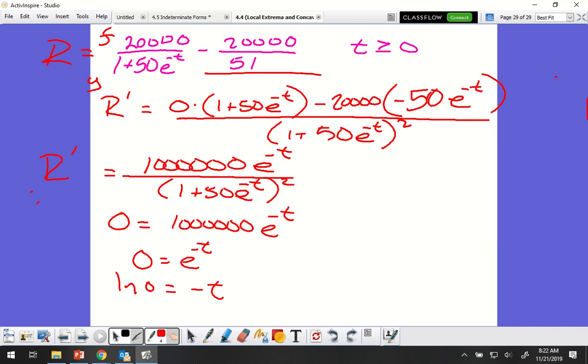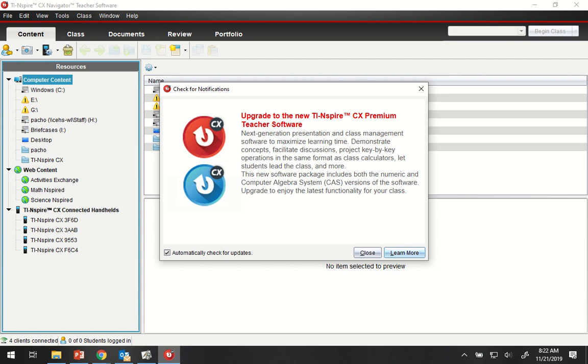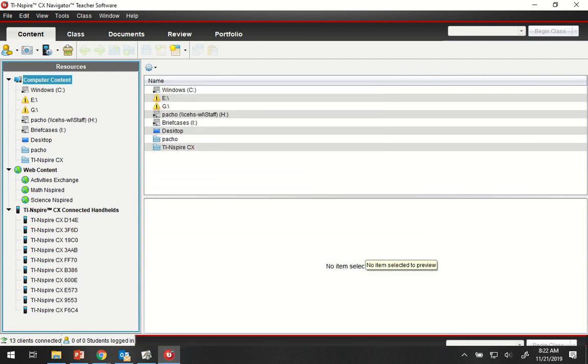So if I did my math correctly, and this gives me undefined, what does that mean? I'm not going to have any places that are equal to 0, right? So critical points. Let's go ahead and check to make sure.